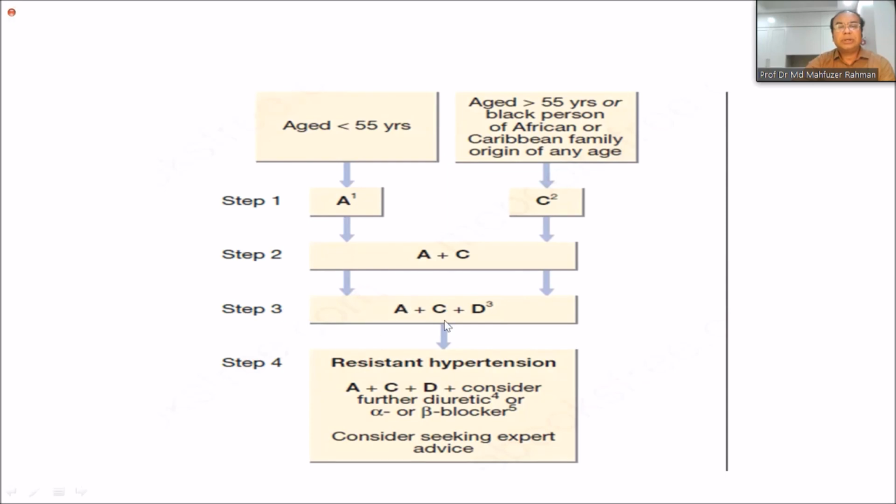In step 3, the diuretics will be added. And in step 4, whenever it is designated as resistant hypertension, in that case, angiotensin receptor blocker or angiotensin converting enzyme inhibitor, calcium channel blocker, diuretics, and consideration of further diuretic or alpha or beta blocker. And there is option of seeking expert advice in step 4.